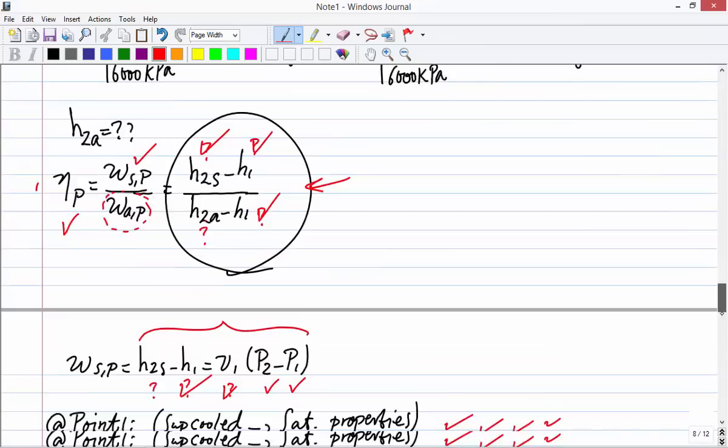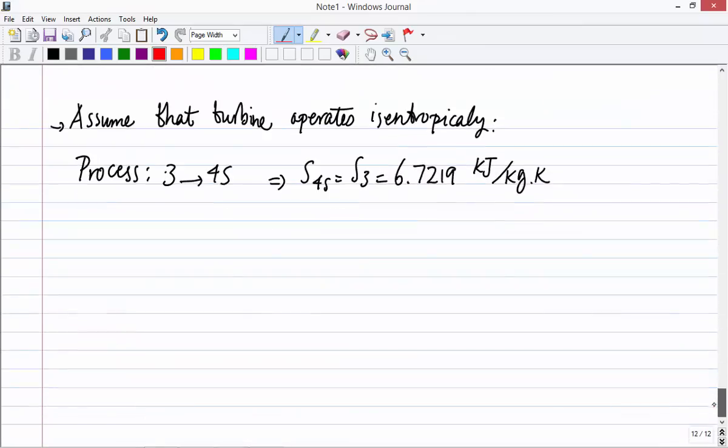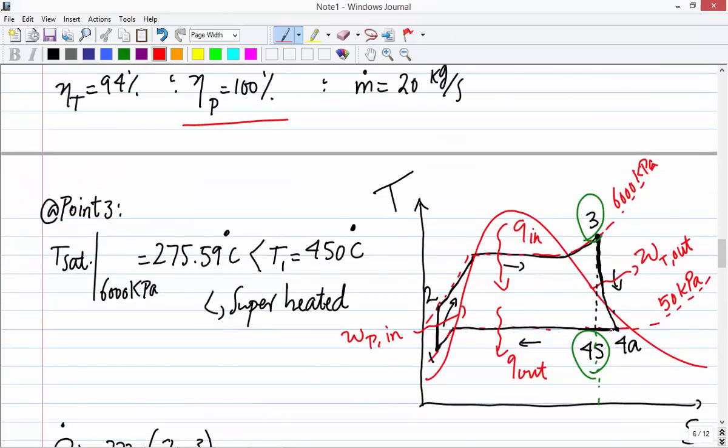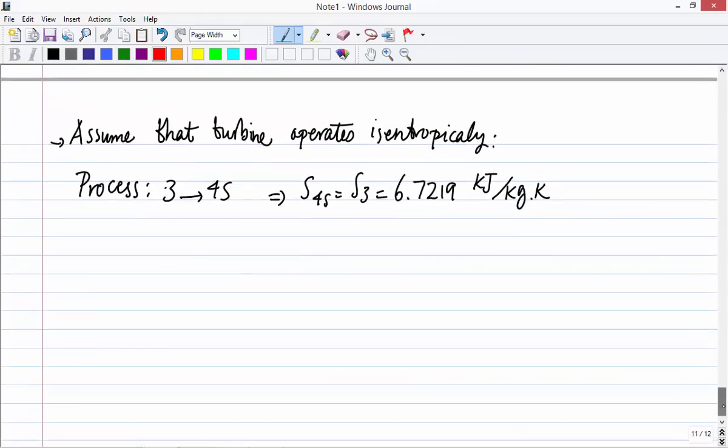So now we can judge that point 4 is in the middle of nowhere here, in a mixture. If we check the table, we would know the quality, x4s. I know that pressure here is 50 kPa, and then the question is how much is the quality?